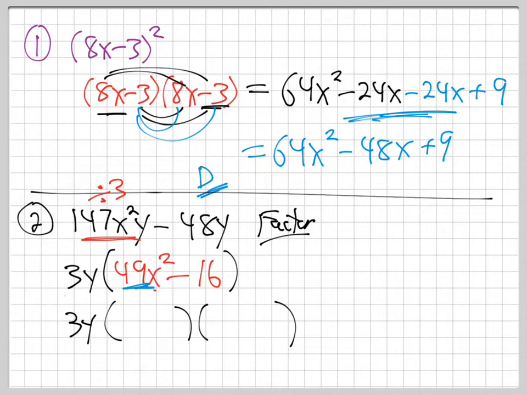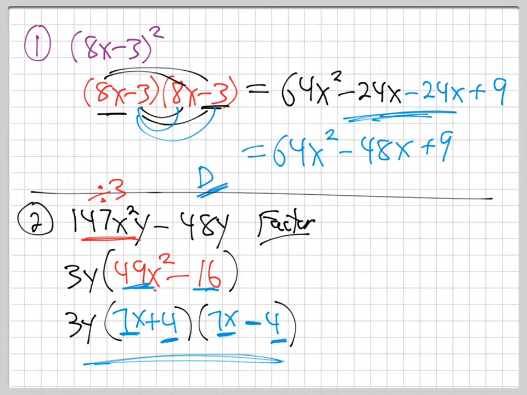Remember, we're doing front times front to make front. Remember that kind of factoring? 7x and 7x to make 49x squared. And last times last to make last. 4 times 4 makes 16. How do you make negative 16? 1 positive, 1 negative. There we go.